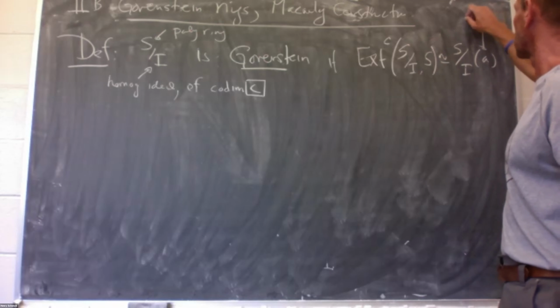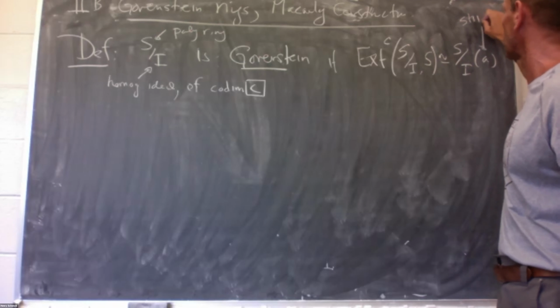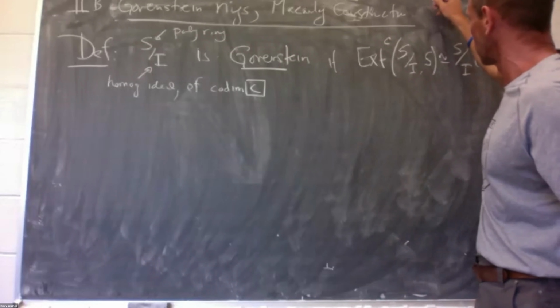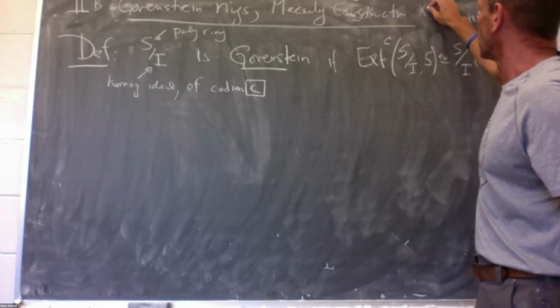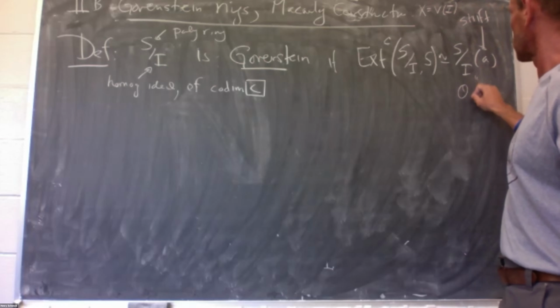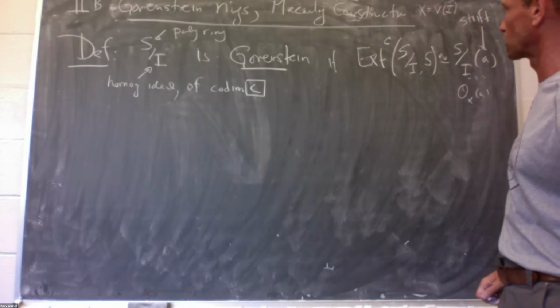This is some shift. Just like we had shifts in the Betti table, this is a shift or a twist. If you think about X, if you want, you can think of X equal to V(I), and then this is just O_X(A). So translating from commutative algebra to algebraic geometry.